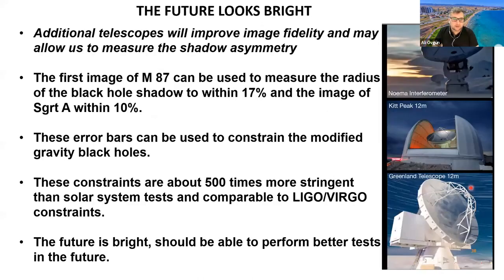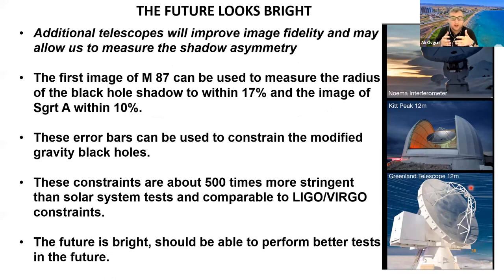As for the future, it looks bright. Additional telescopes will improve the image fidelity and may allow us to measure the shadow asymmetry. The first image of M87 can be used to measure the radius of the black hole shadow within 17%, and the image of Sagittarius A within 10%. These error bars can also be used to constrain modified gravity black holes, as we did.